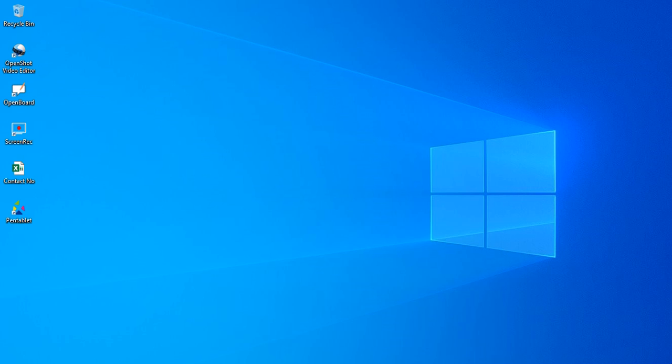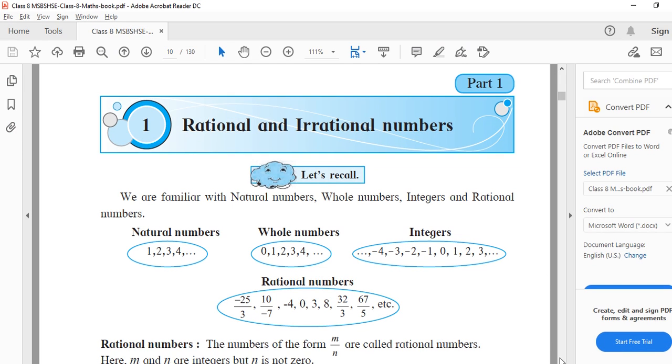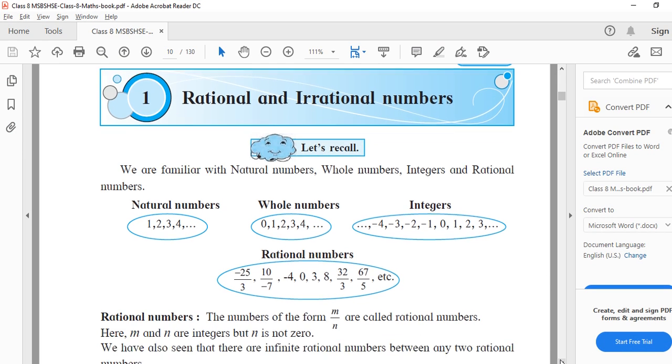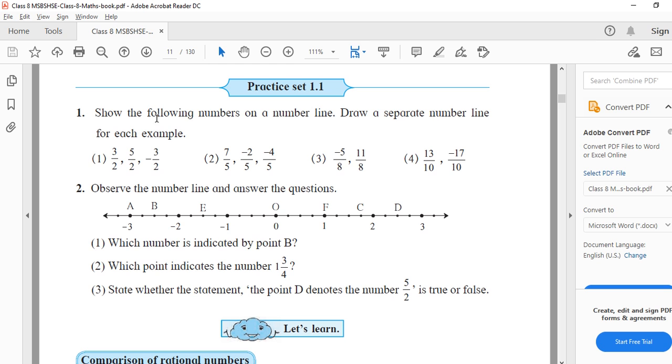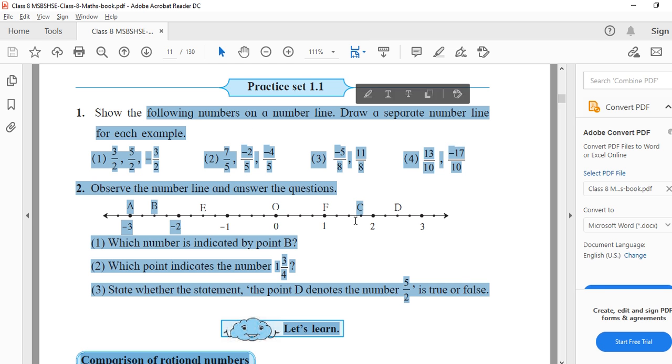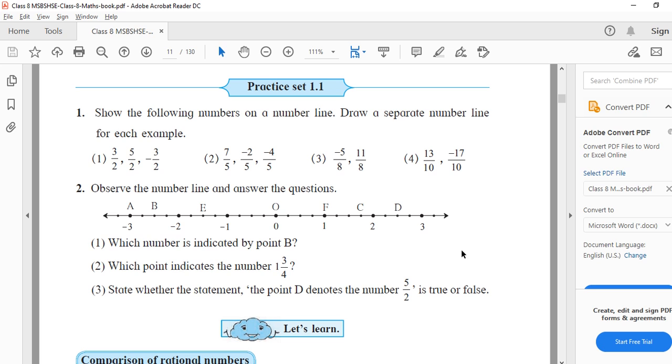In my previous video lecture we covered exercise 1.1 and 1.2, wherein we learned how to read a number line and how to plot numbers on a number line, which was in exercise 1.1. All these sums are available on my YouTube channel, in part 1 of this video, and you can find the link of that video in the upper right section.